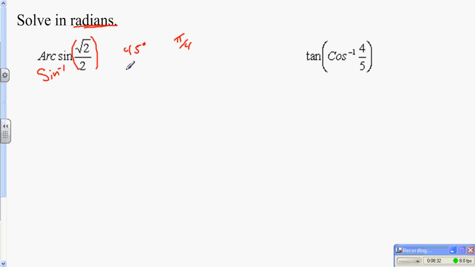We could also say 135 degrees, but sine is limited to negative 90 to 90, or negative pi over 2 to pi over 2. So we would take 45 degrees, or in this case, since they want radians, pi over 4. The other one is 3 pi over 4, but that's outside the window.